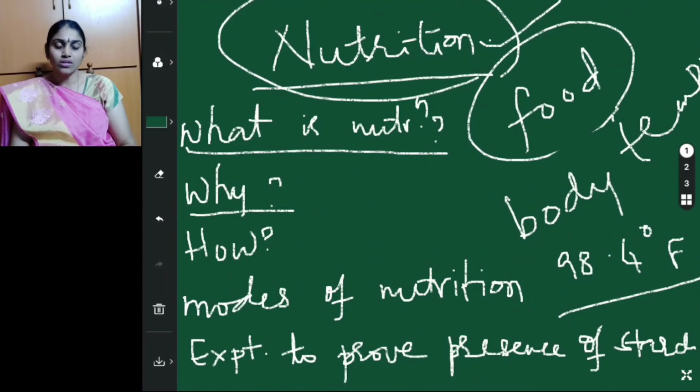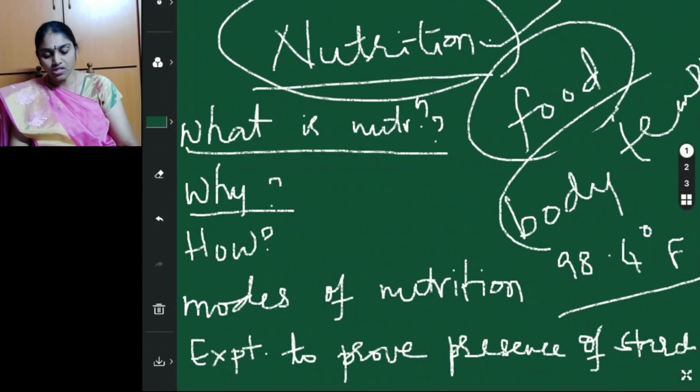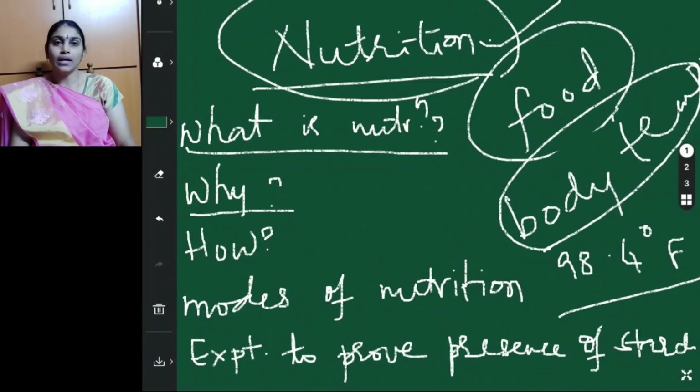That's all, it remains constant. So even this body temperature is also maintained by taking food. So these are the functions carried out by nutrients taken inside the body by nutrition. So we found out answer for second question also.